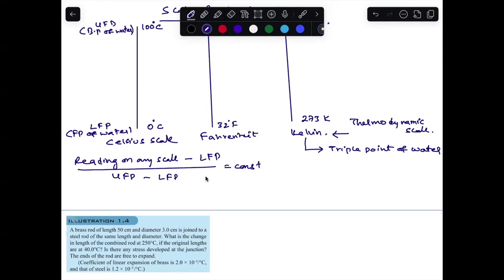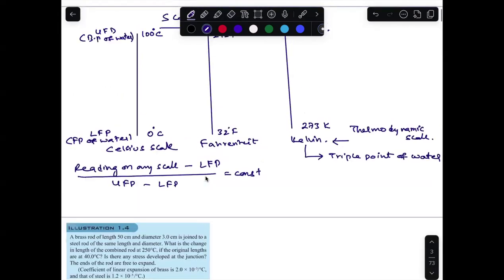You design any thermometer, tomorrow, whatever thermometer, in that reading, the reading minus lower fixing point by upper fixing point minus lower fixing point must remain constant, because all these things are constructed on the basis of some basic properties, right?